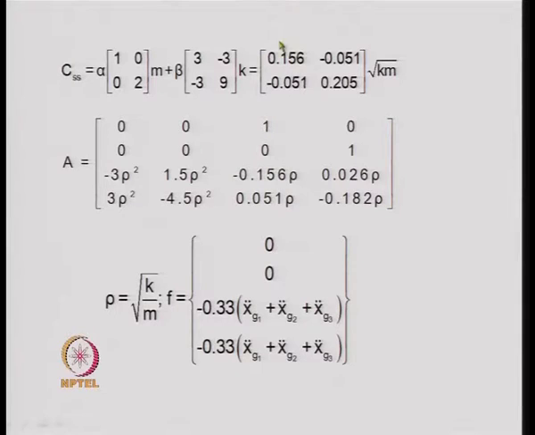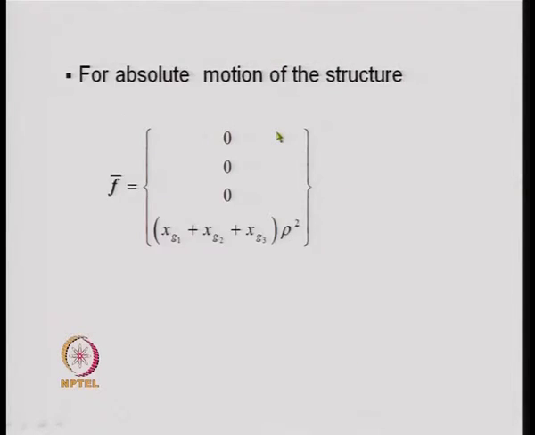The A matrix remains this, and the only thing that changes is the right hand side load vector, which turns out to be x g1 plus x g2 plus x g3 into rho square, and this is nothing but minus KSG into MSS inverse.